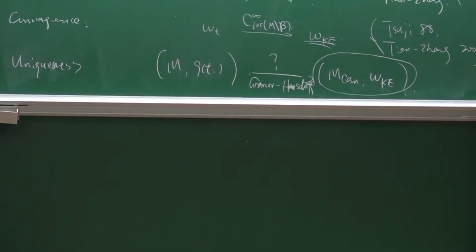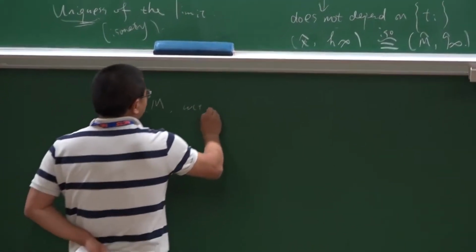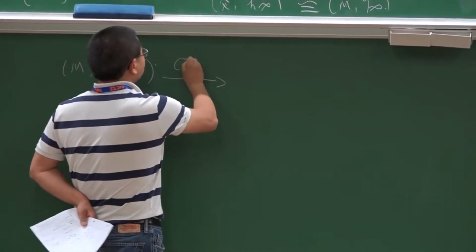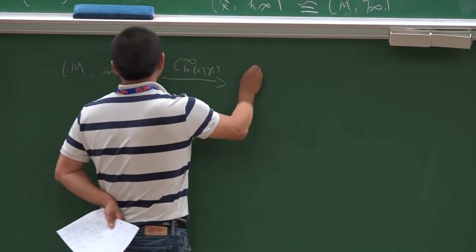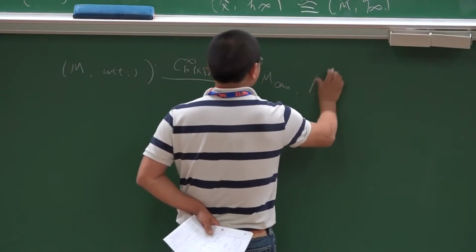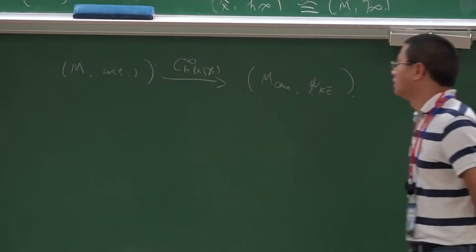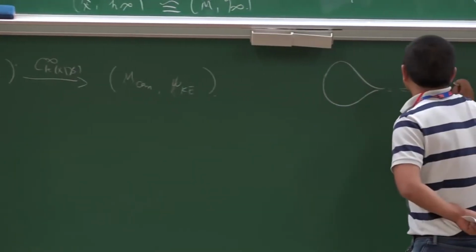Because you know this M, omega t_i converges in C infinity locally away from B to some M canonical, omega KE.